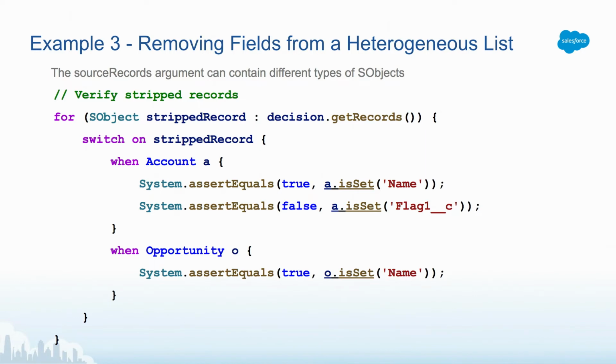Within the account, we can also use another recently introduced Apex feature, the isSet method. So in here, all I'm doing actually in this case is just asserting that name is set on accounts, and so we get a true back from calling isSet. And we're asserting that the flag1 custom field, when we check whether it's set, returns false. So it's not set at all.